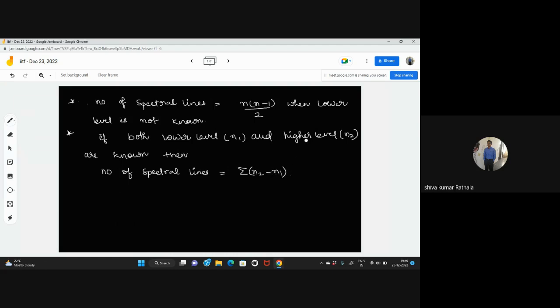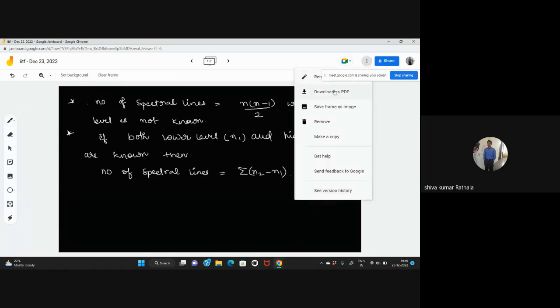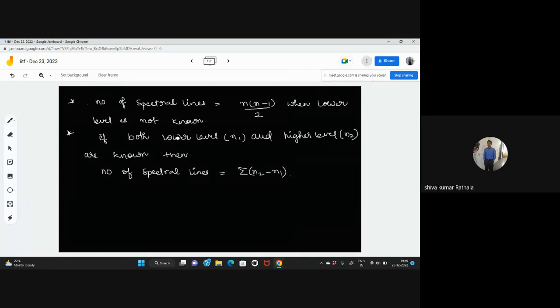By taking examples, tomorrow I will explain these formulas.